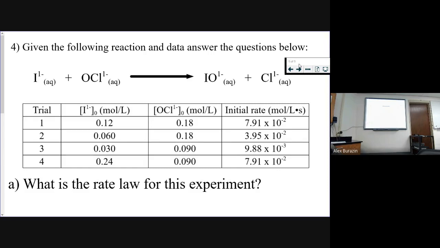Instead of saying for trial 1, we go to trial 2. Let's go from trial 2 to trial 1. Now, however we square that, the rate will change by the exact same amount.